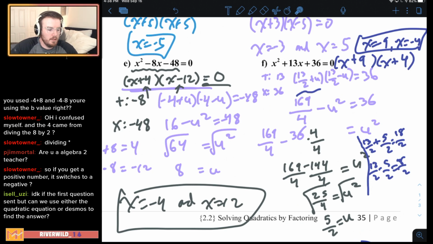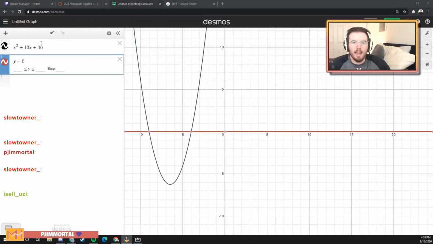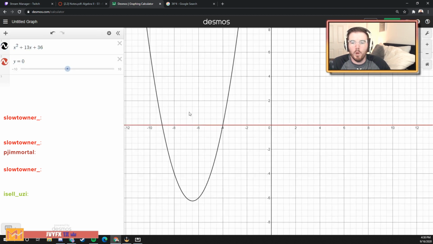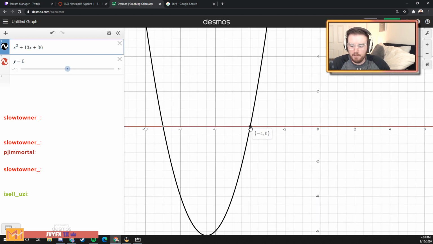So let me show you. I plugged in the left side. I plugged in the right side. Where do they intersect? At -4 and at -9. Those are the two solutions I just found.